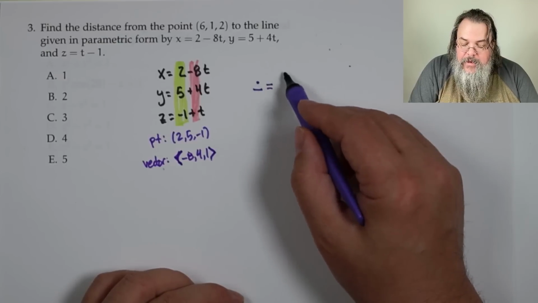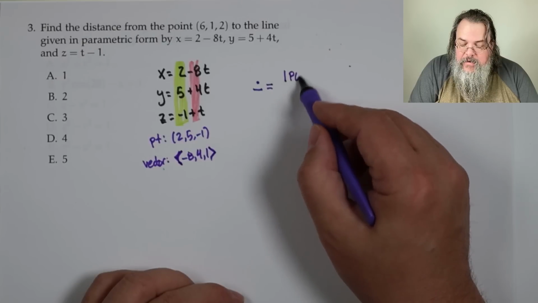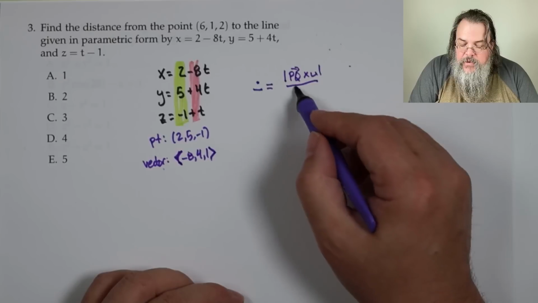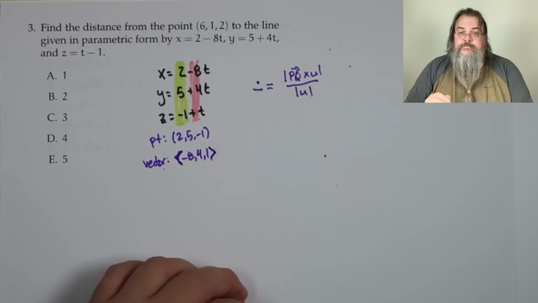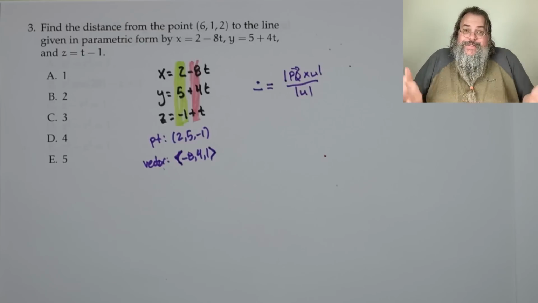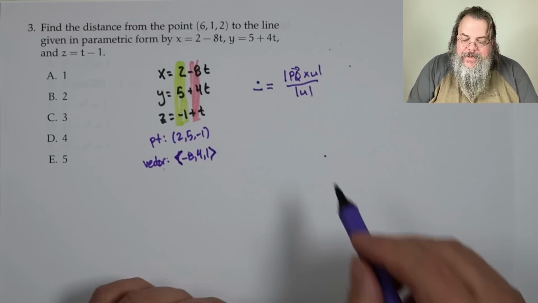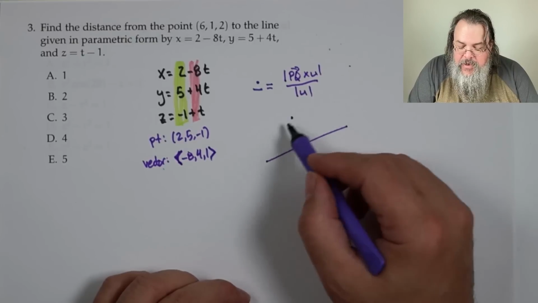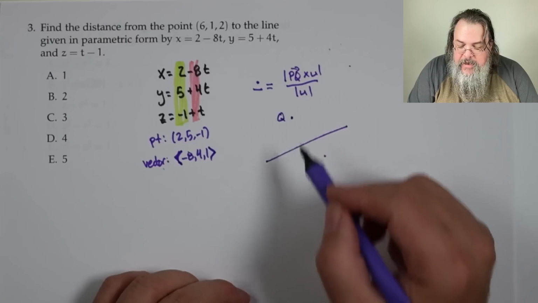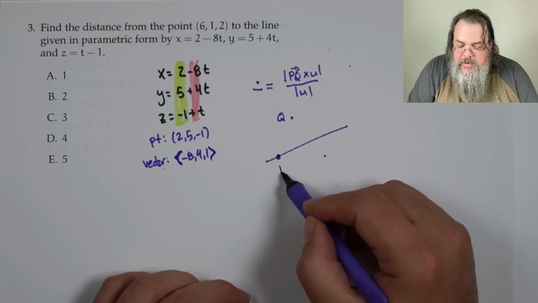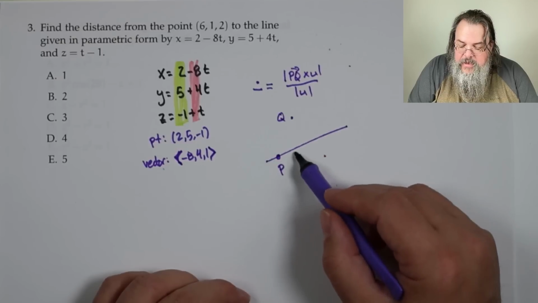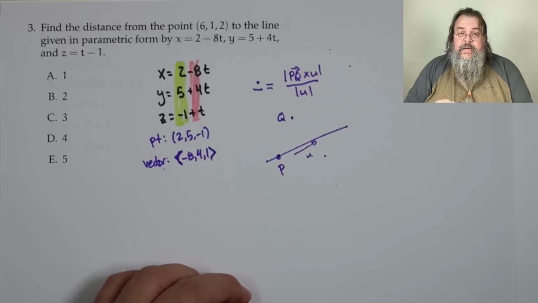That's going to be equal to the magnitude of PQ cross U over the magnitude of U. Now, what does all of this mean? Well, here's the picture. We have a line, we have a point. We're going to think of Q as the point we're trying to find the distance from, P as a point on the line, and then U is the direction vector of the line.